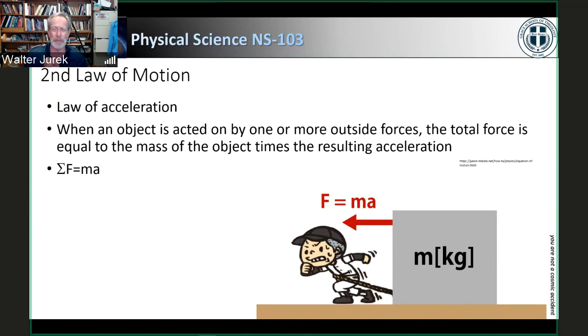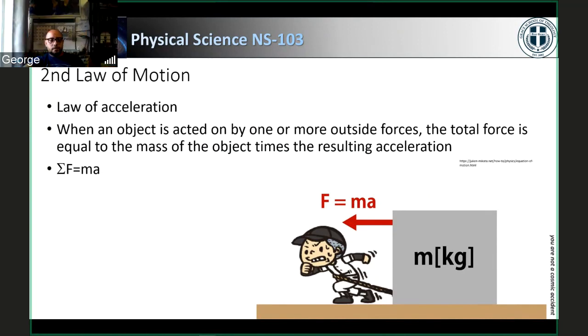F equals ma, but we got that goofy thing in front of the F. It looks like somebody knocked the letter M over. Thunk. Anybody recognize that letter? Sigma. I'm sorry, George, what? Is it Sigma? Yeah, it's capital Sigma.